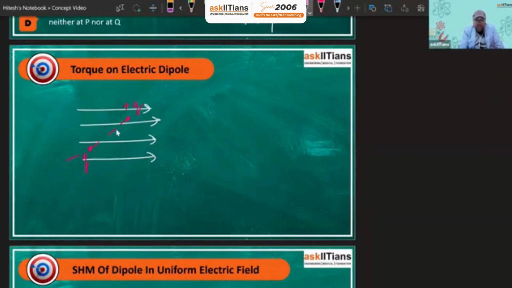This is the dipole moment, vector P, and this is the external electric field, making this angle theta here. So this dipole will be experiencing a torque in this direction.